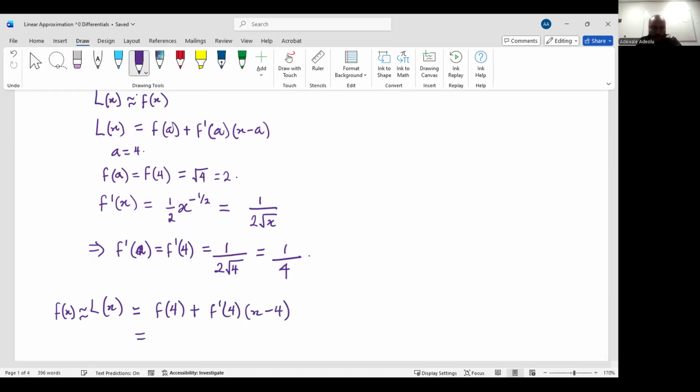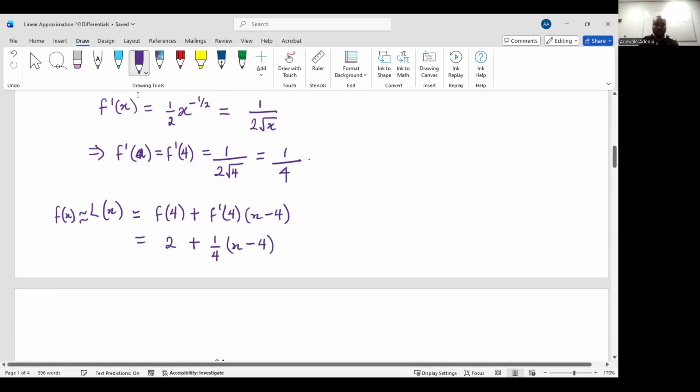So f of 4 we find to be 2, plus f prime of 4 we find to be 1/4, times x minus 4. So this is the linear function that linearizes our square root function at x equals 4.